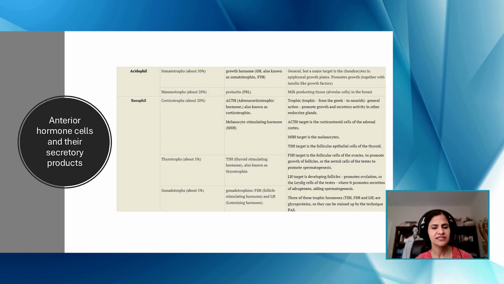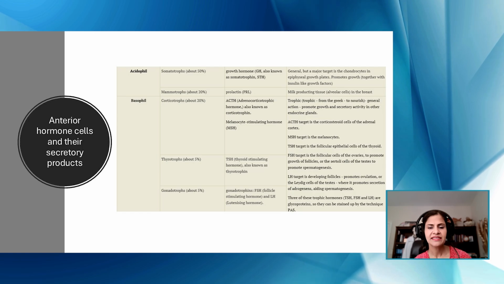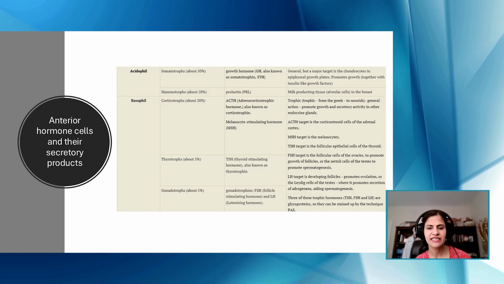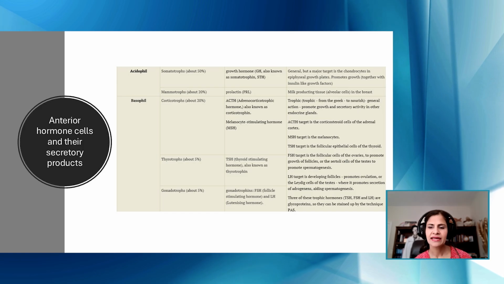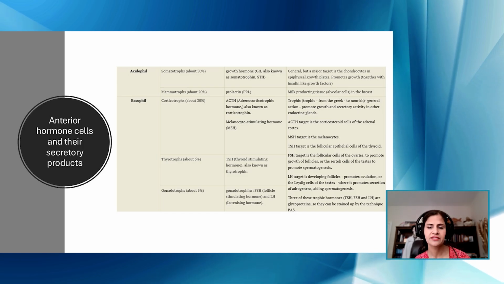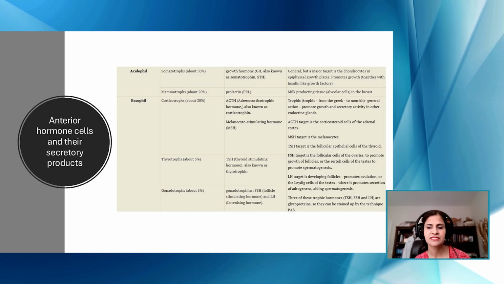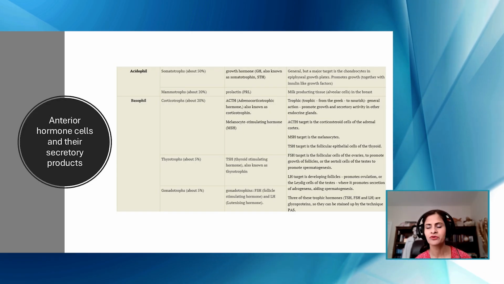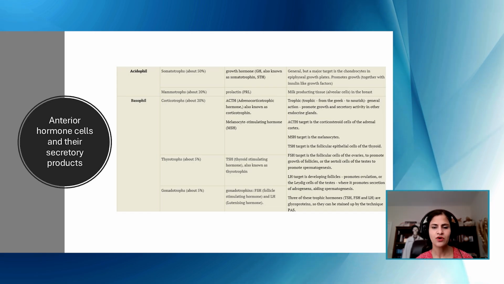This slide shows the anterior hormone cells and their secretory products. So you can see that the acidophils are somatotropes and mammotropes. They produce growth hormone and prolactin, and these are organs that target the bones and they promote growth, and prolactin produces its effects on the breast to promote milk production during pregnancy. Then we have the basophils, corticotrophs.